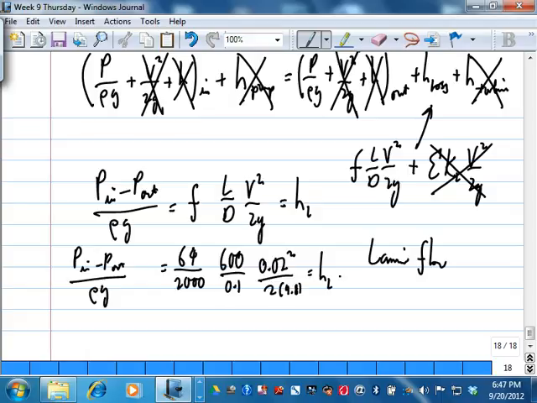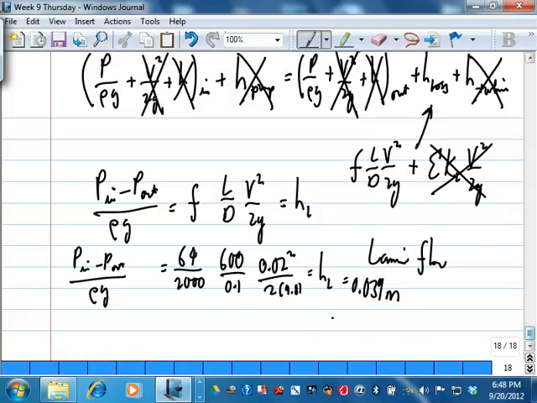Please calculate head loss first before we calculate the pressure drop. What's the head loss? That answer will be in meters. 0.039 meters.